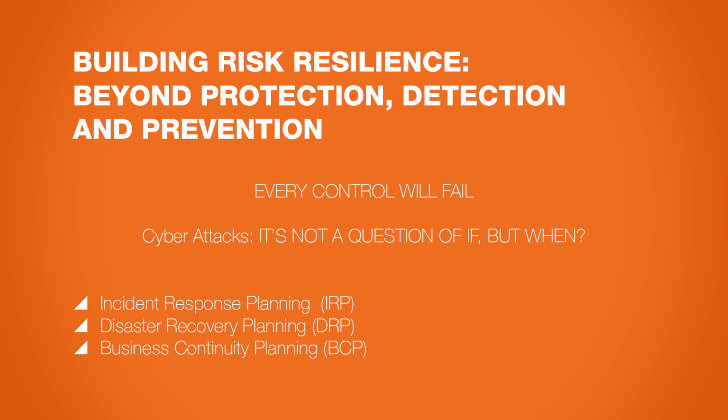Although we discuss these concepts separately, most organizations simply have one single team and plan to address incident response, disaster recovery, and business continuity concerns, and also use a single discipline known as Business Continuity Management, BCM, to encompass these concepts under a single umbrella.